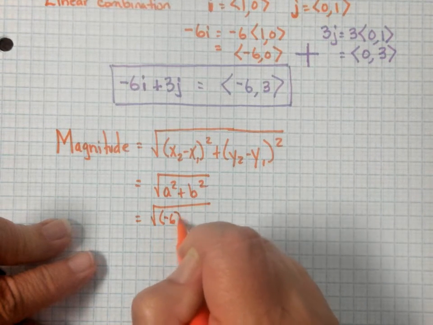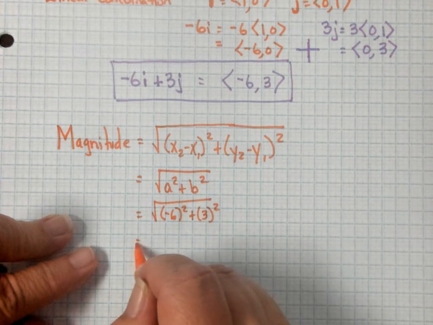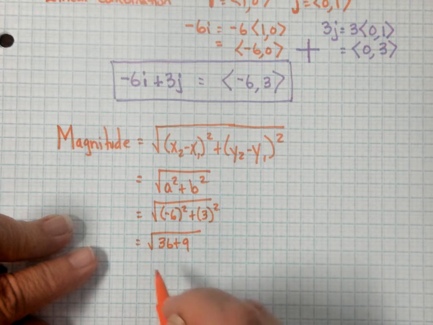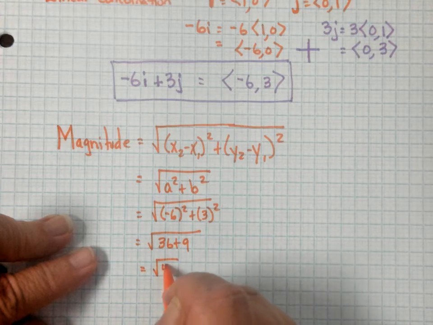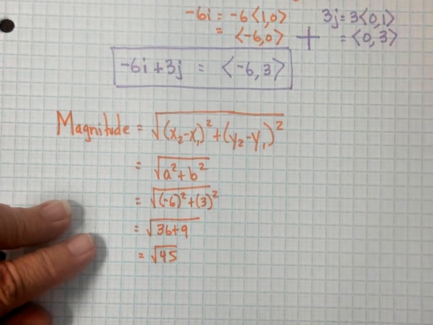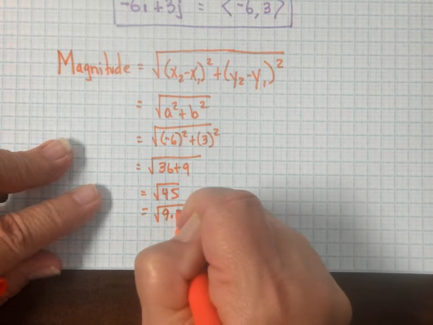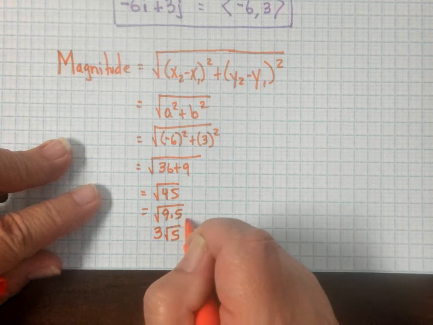So for the vector we have, it would be the square root of negative 6 squared plus 3 squared, which would give us the square root of 36 plus 9, which would give us the square root of 45, which would be the square root of 9 times 5. The square root of 9 is a perfect square, so 3 square roots of 5.